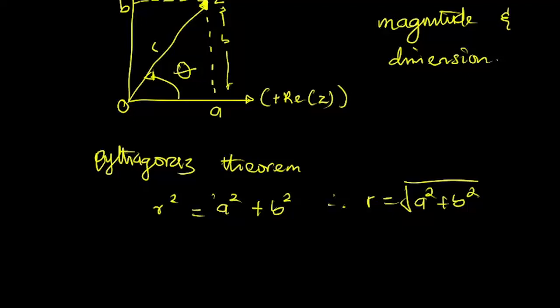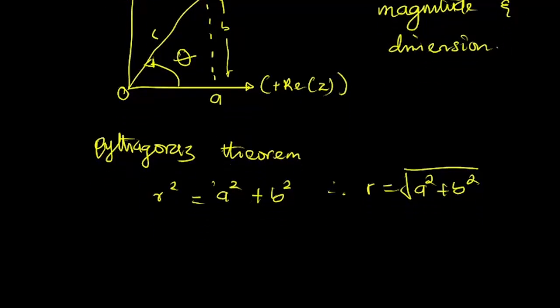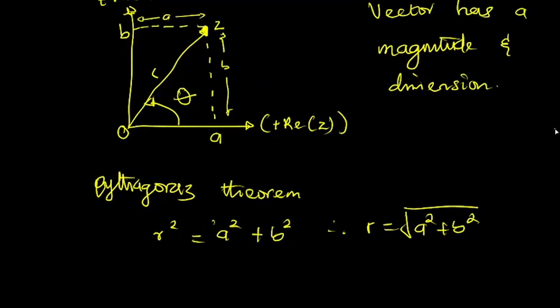Exactly. So then what is A and what is B? That is another thing we should take note of. So once we find our R, we can find A and we can find B.